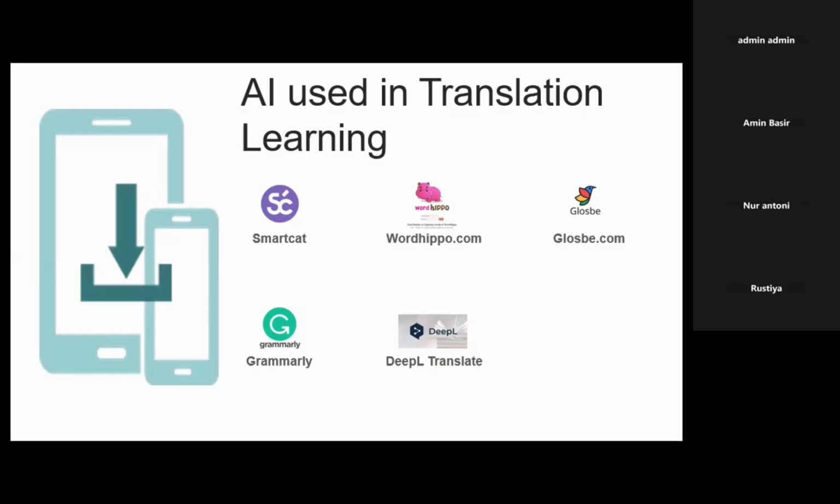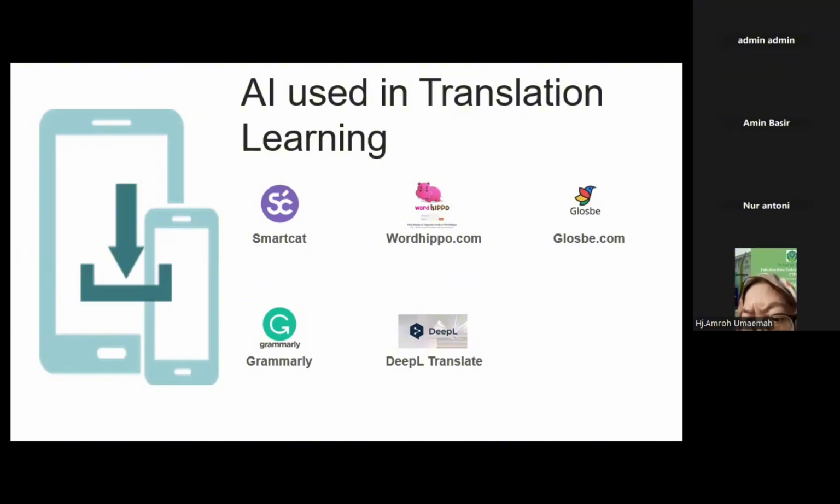And then WordHippo is more of a thesaurus, related to the synonyms that we want to use. It's quite complete. There are a lot of words, synonyms, and antonyms, based on the word style.